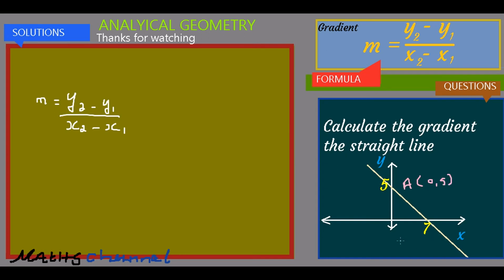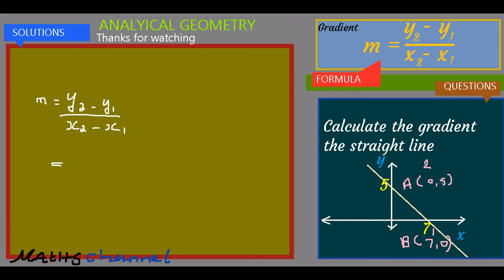Even here, if they give you a point like this, x is 7, y is 0, so you can call this your 2, your 1, your y1, x1.